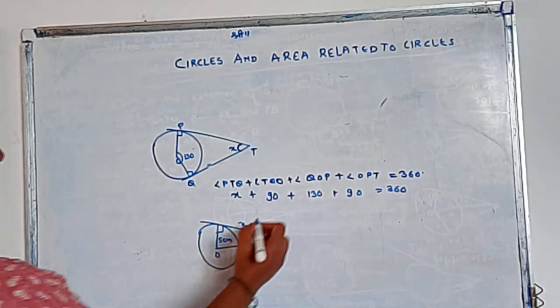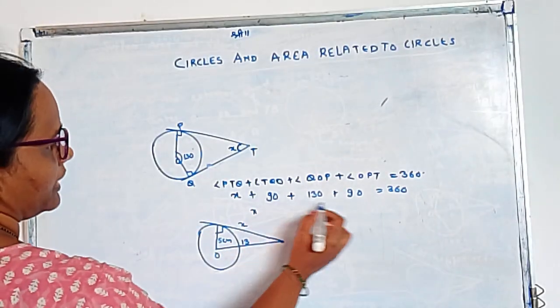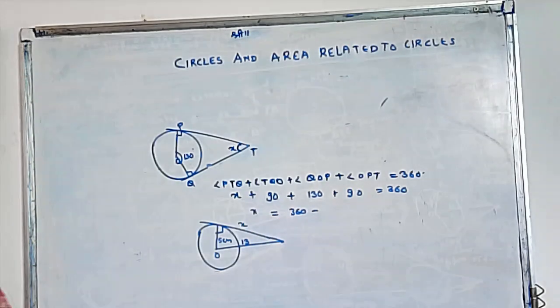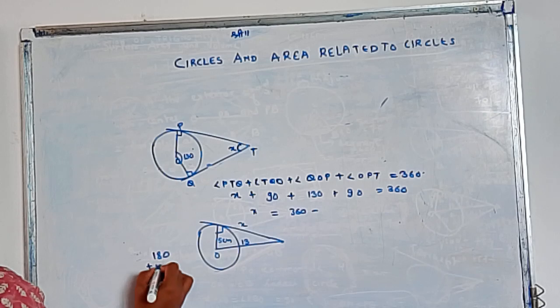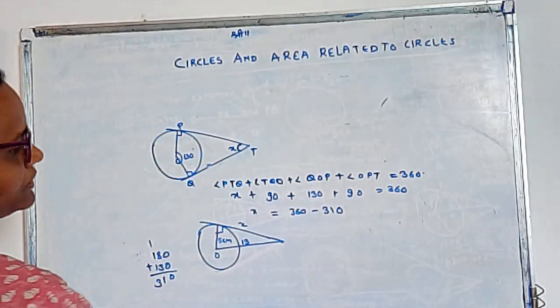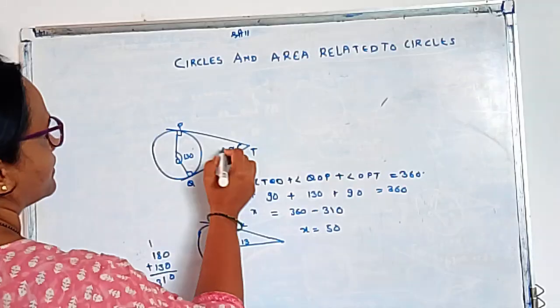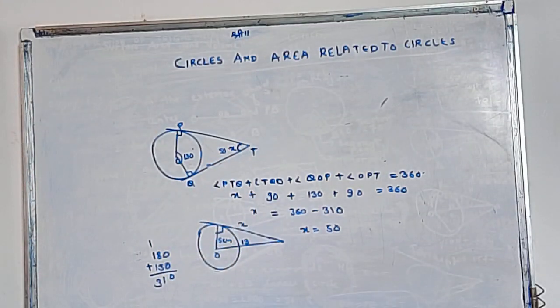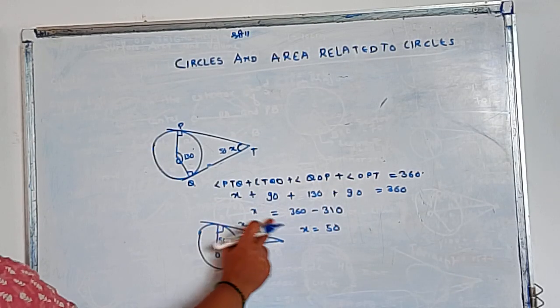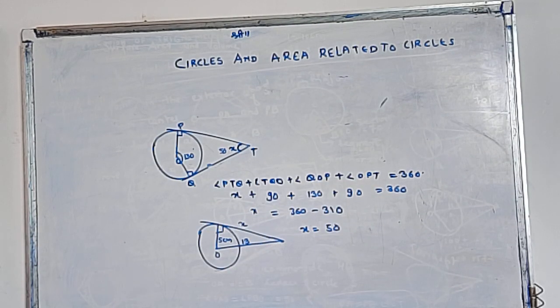So X plus 90 plus 90 is 180, 180 plus 130 is 310. So X will be 50. So we have to add all these angles and make it equal to 360 degrees. Keep X as it is, and X will be 50.